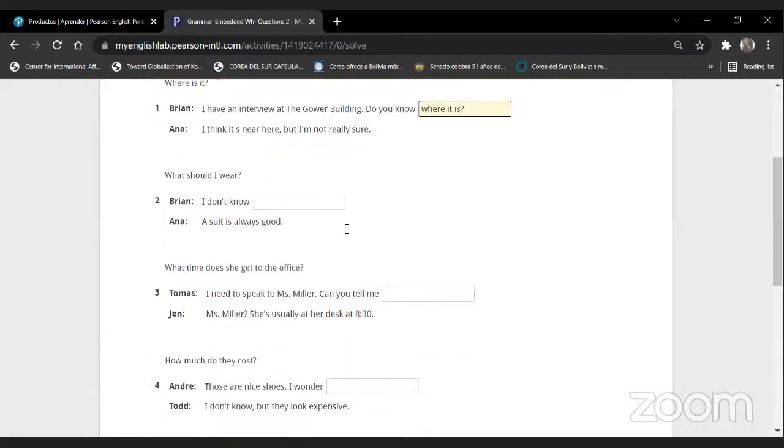What should I wear? I don't know what I should wear.